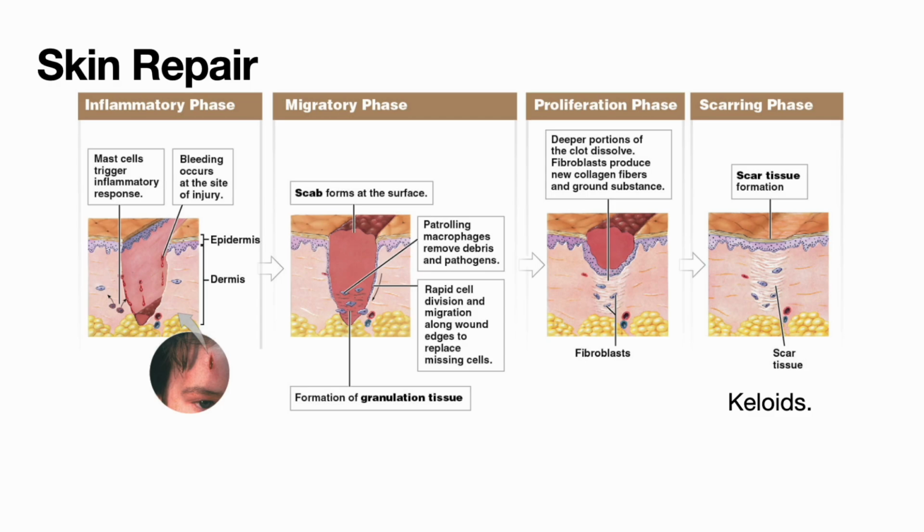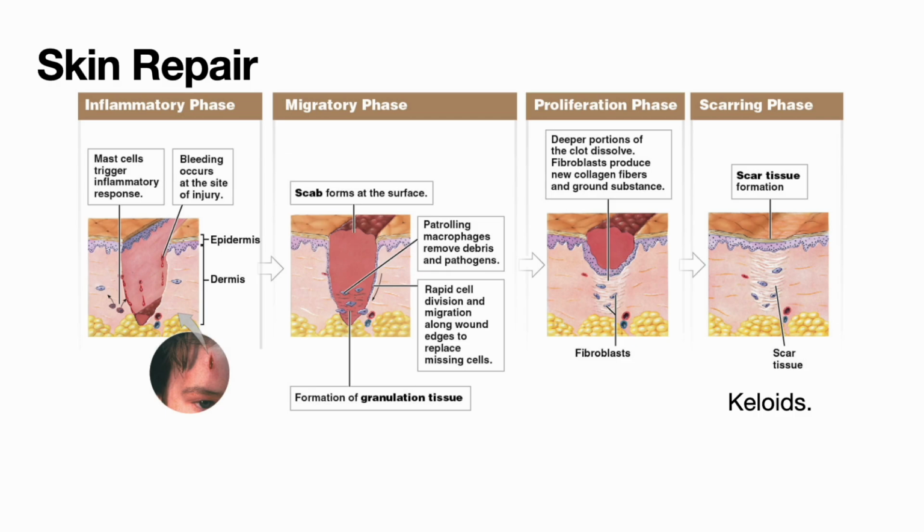And that will ultimately lead to the formation of granulation tissue, because essentially what's happening is you've got cells of the epidermis and cells of the dermis that are all becoming really active in response to this injury. And the combination of the blood clot that's forming, the fibroblasts that are moving in and dividing into the area, whatever the epidermal cells are doing, and then the extensive capillary network, that's going to form that granulation tissue. And that's really important to the healing process.